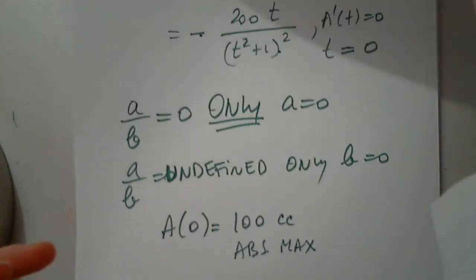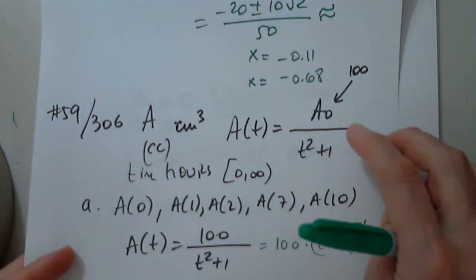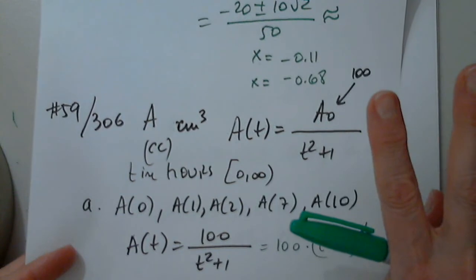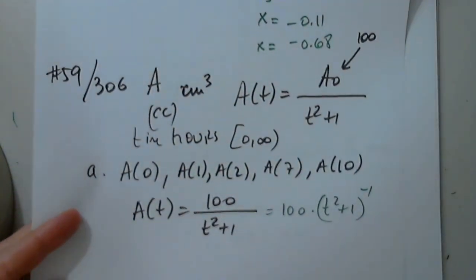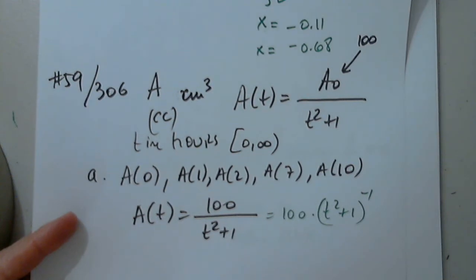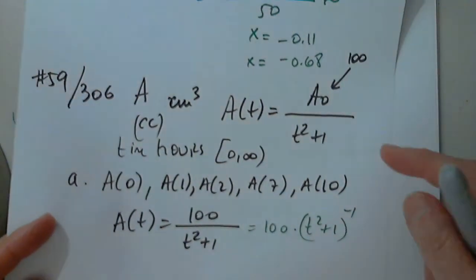So whenever, as we know this, right, when t approaches infinity, what type of rational function is this? Is it type 1? Is it type 2? Is it type 3? That's type 2.